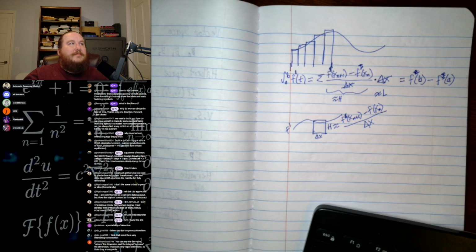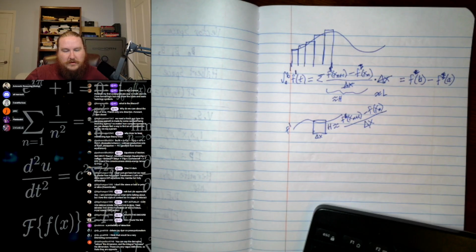The heart of my question is: why can only some Riemann sums be turned into integrals? I think all Riemann sums can be turned into integrals, but you can't turn any sum into an integral. It has to be of a certain form.